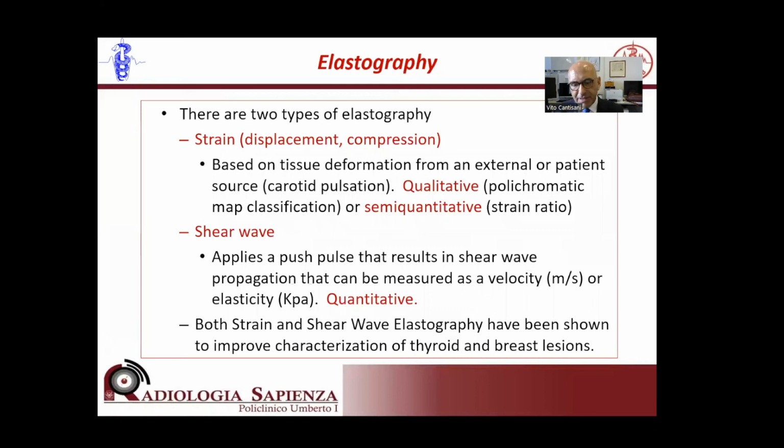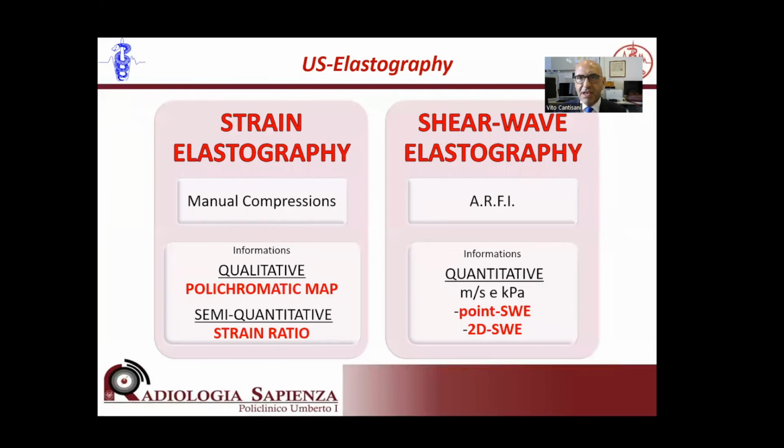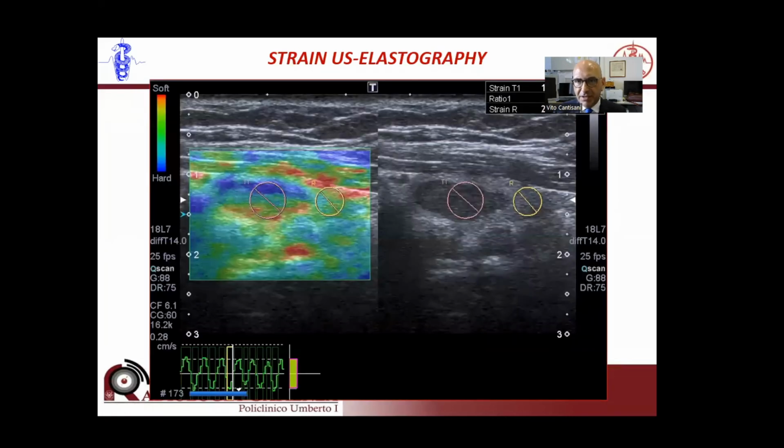Again, some small remarks just to remind you of the different techniques. Also, remembering to each of us what are the measurements that have been provided and can be provided. And also, I will try to show you what is the evidence between the two techniques that we have right now.